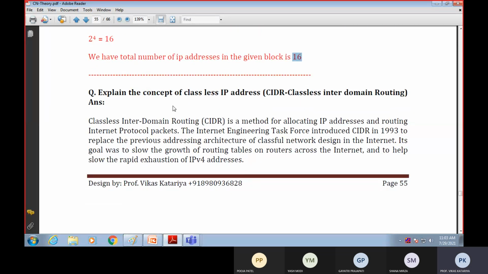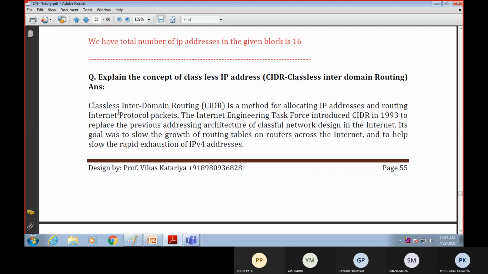Now let's understand the concept of classless IP address, that is CIDR, classless inter-domain routing. Classless inter-domain routing is a method for allocating IP addresses and routing Internet Protocol packets.